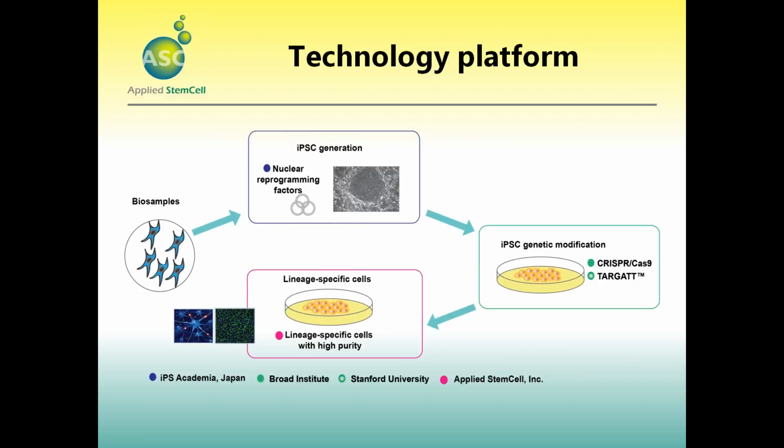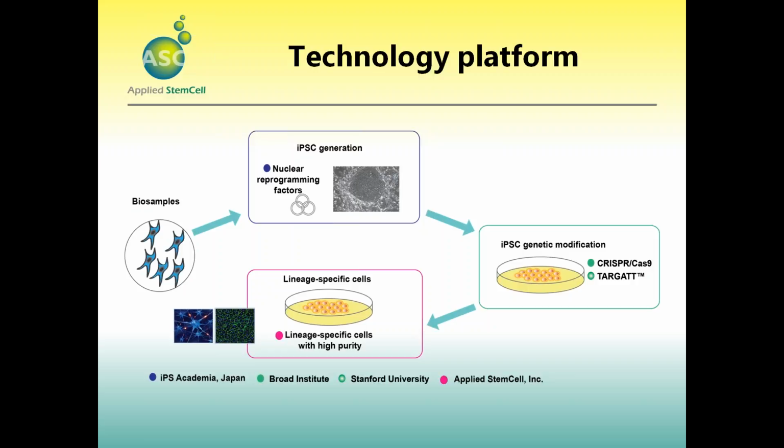In this slide, I summarized our technology platform. We used nuclear reprogramming factors licensed from iPS Academia Japan for iPS cell generation. And then when the iPS cell is generated, we used the CRISPR Cas9 technology licensed from Broad Institute and the TARGATT technology from Stanford University to modify the iPS cell genetically.